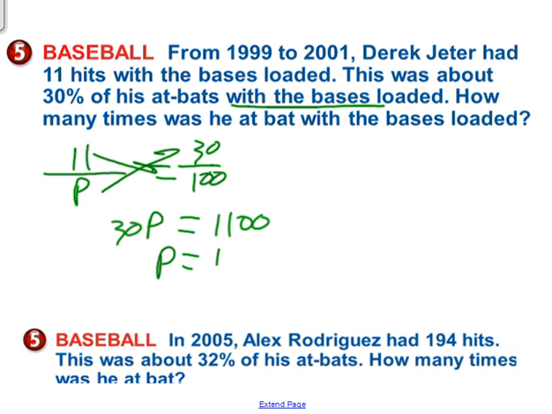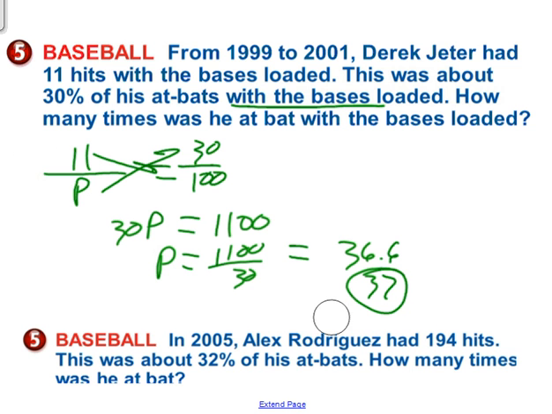Divide both sides by 30, so it's 1100 divided by 30. I'm going to check that just a second here. Yep, that's 36.6 times. That rounds off to about 37 times that he was at bat in that situation.